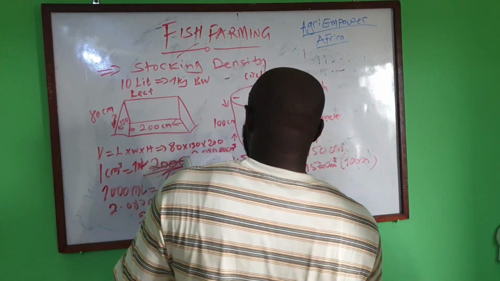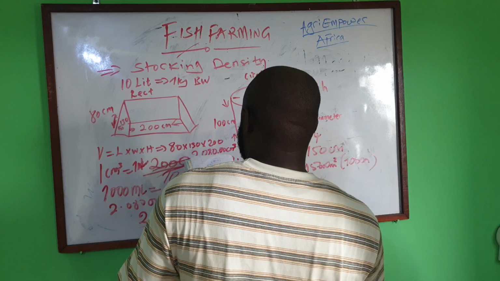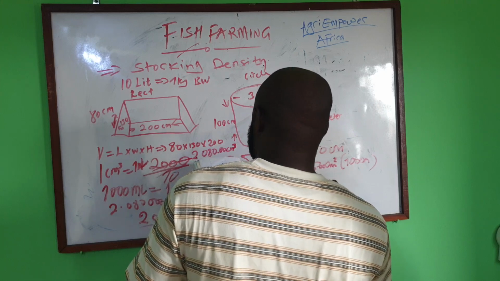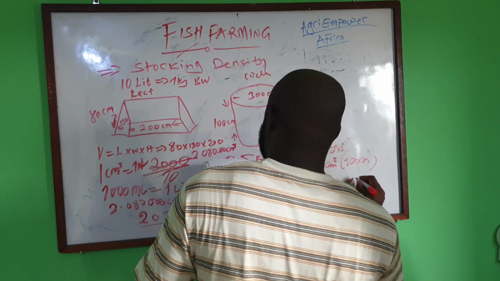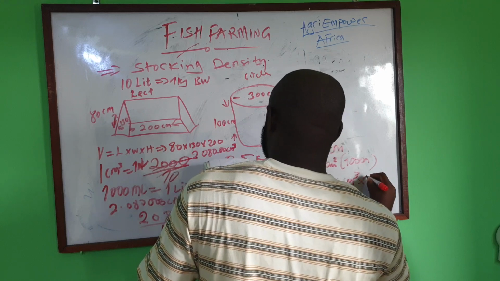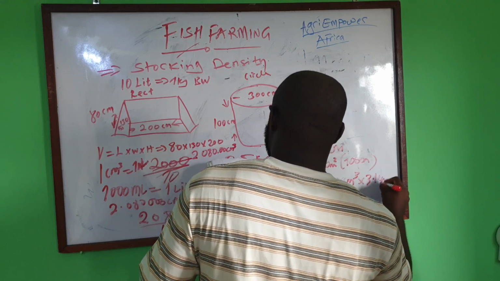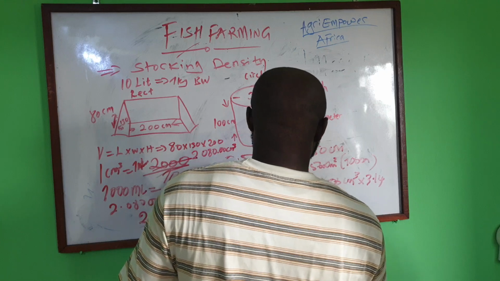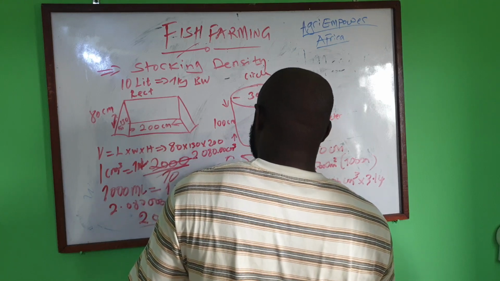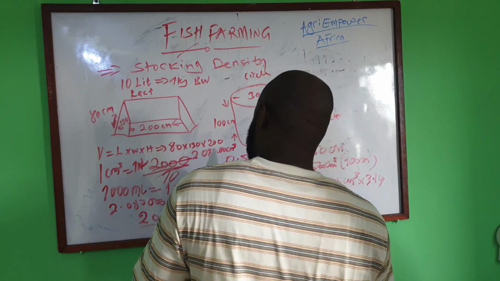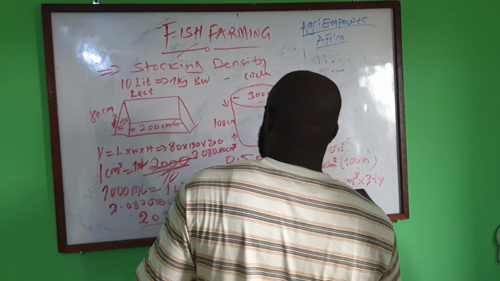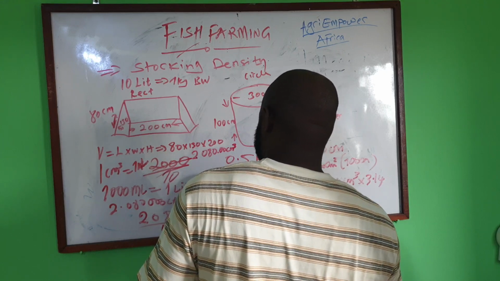The volume, of course, will be equal to 15,000 centimeter cube times 3.14. That will give you 47,100 centimeter cube.